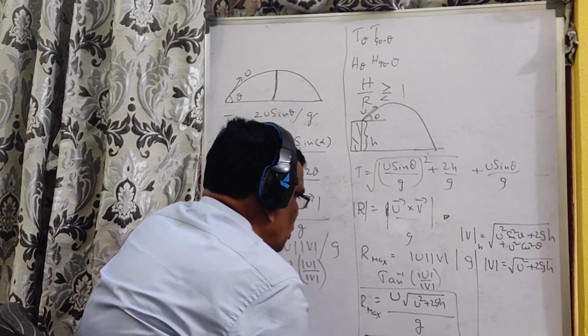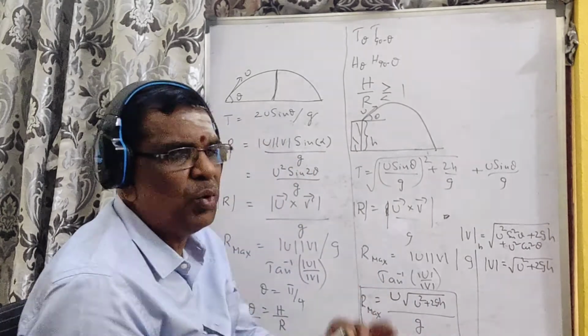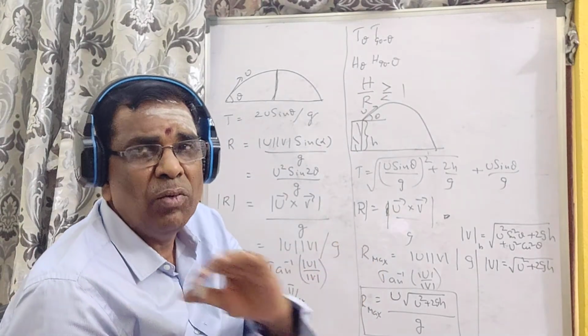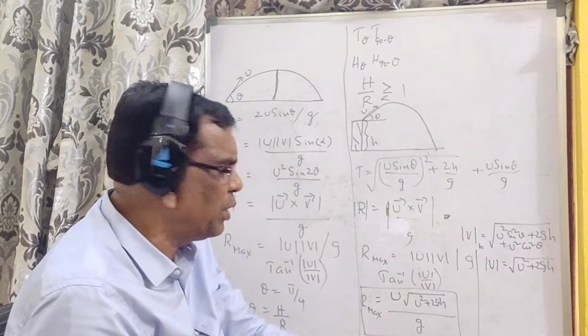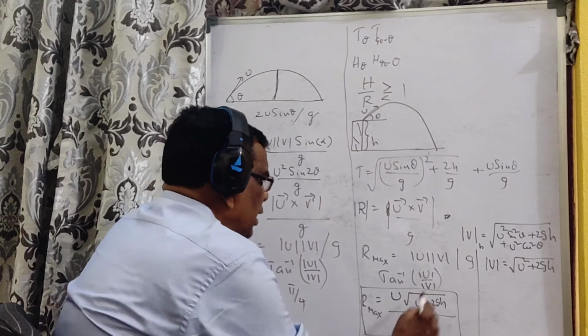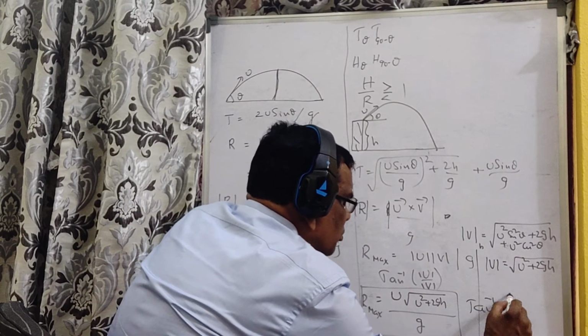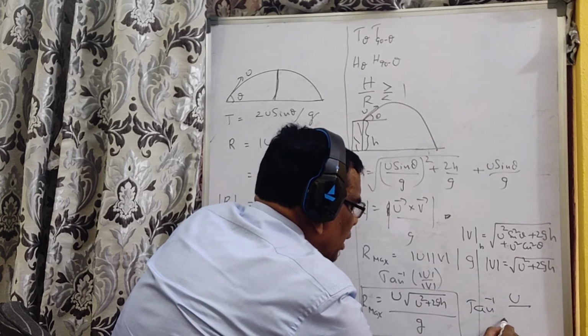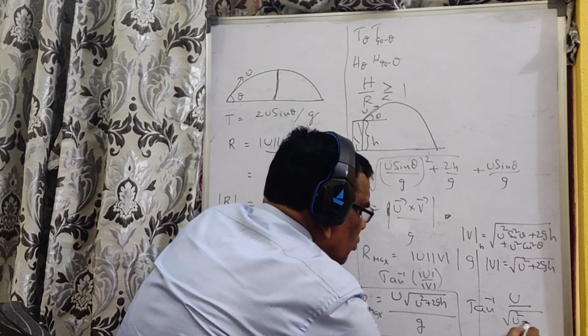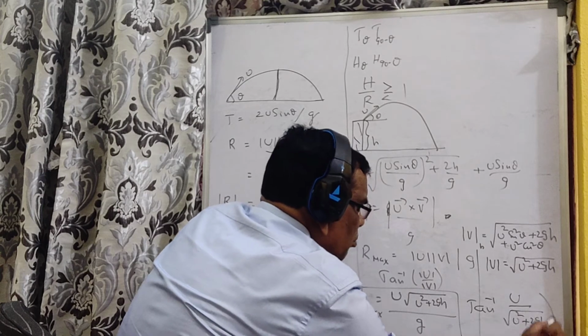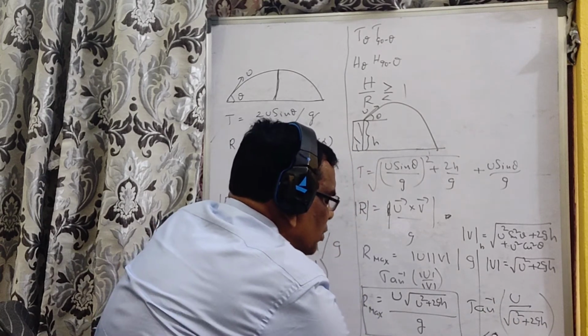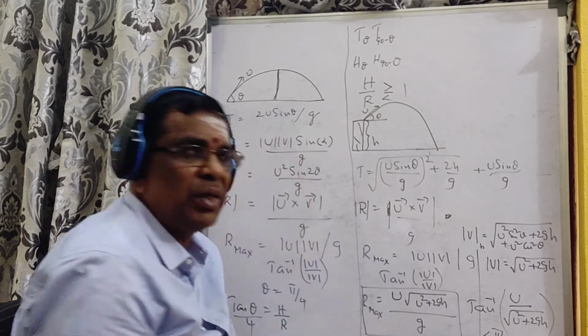I am trying to arrive at this in the most simple fashion without getting into any complications whatsoever. And the angle at which you have to project is mod U by under root of U square plus 2GH, which is less than pi by 4.